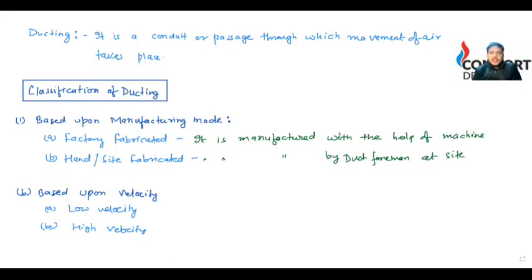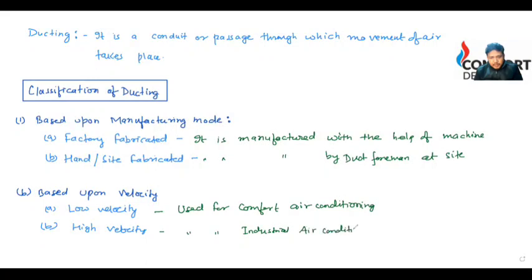It is used for comfort air conditioning, and this high velocity one is used for industrial air conditioning. Okay, let's move ahead and see the third classification.